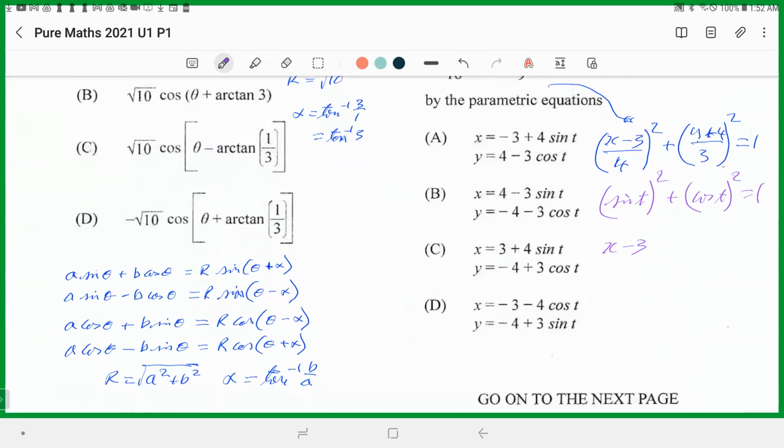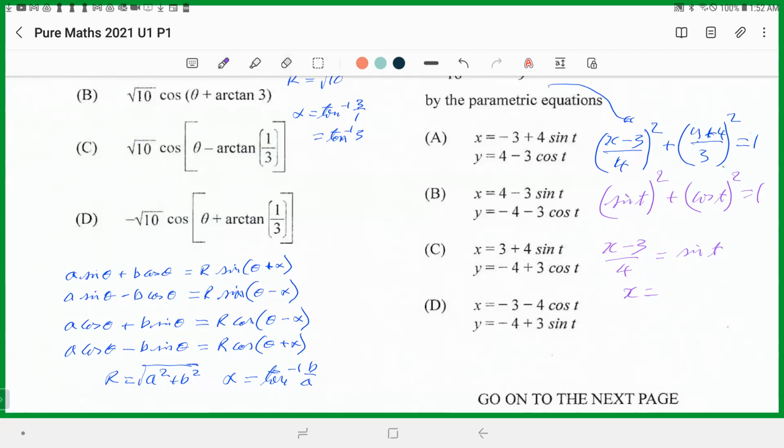So we're going to say x minus 3 over 4 equals sin t. And if you notice, they're making x and y the subject. So we make x the subject of this. We multiply by the 4, then carry the 3 and add it. So x should be equal to 3 plus 4 sin t.